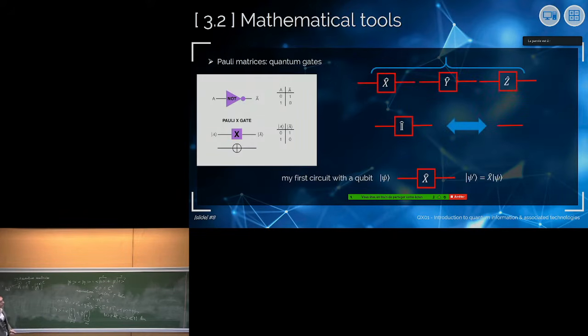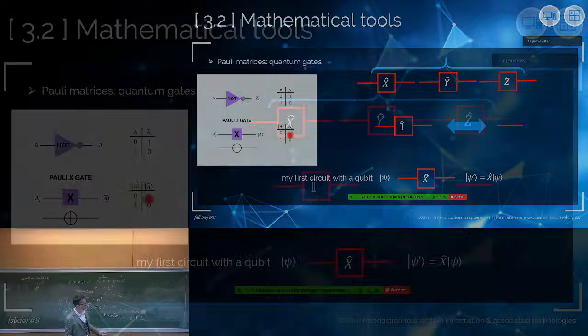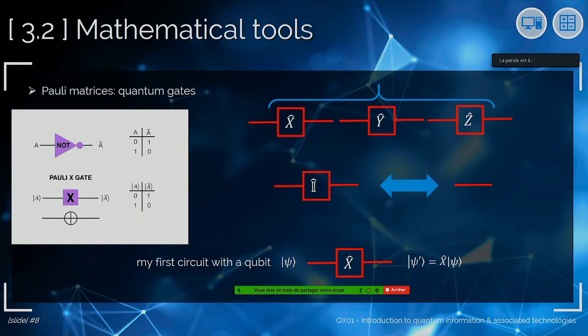Right. And then we said that, for instance, the sigma 1 Pauli matrix is in particular the NOT gate that we have in classical computing, because the Pauli matrix, as you can already see here, just inverts your 0, 1 vector with the 1, 0 vector.